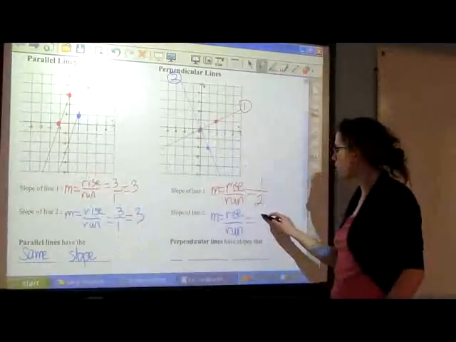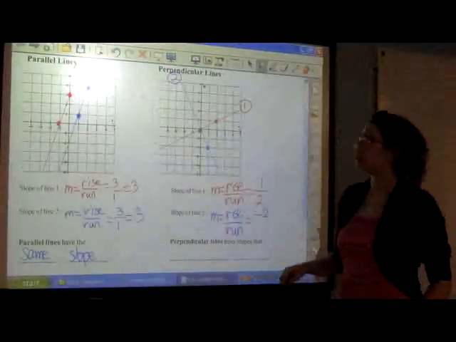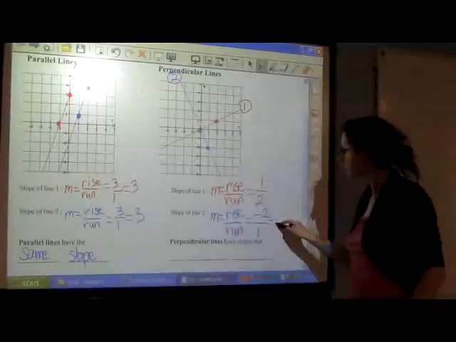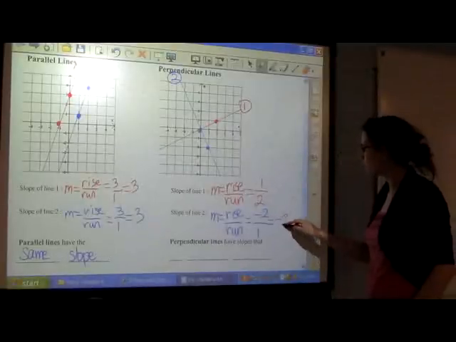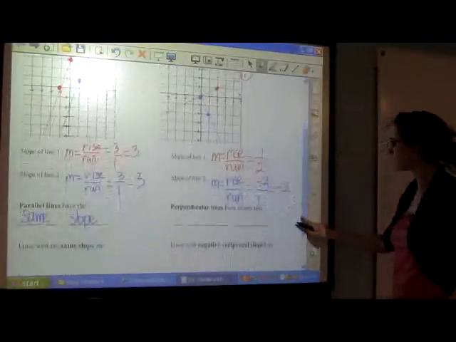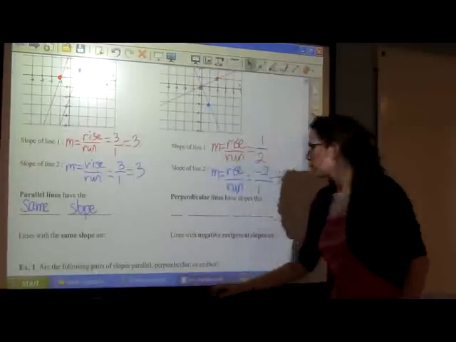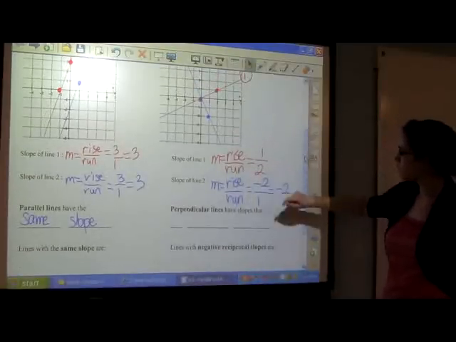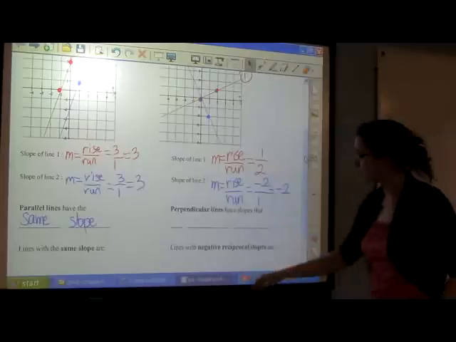Now remember, when I'm going down, I put a negative sign in front, and I'm moving right 1. -2 divided by 1 is just -2. Perpendicular lines have slopes that are negative reciprocals.